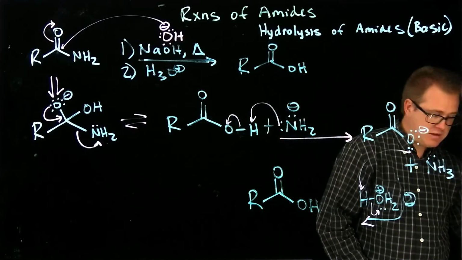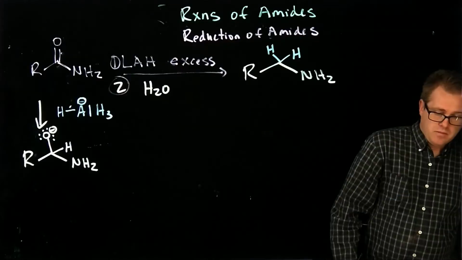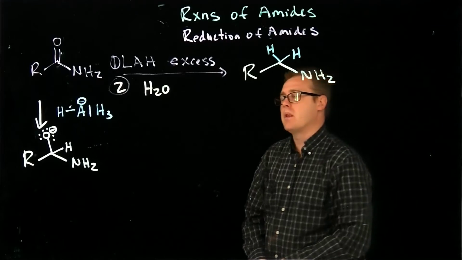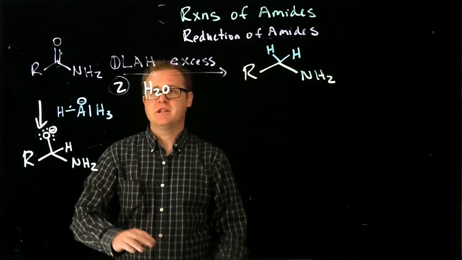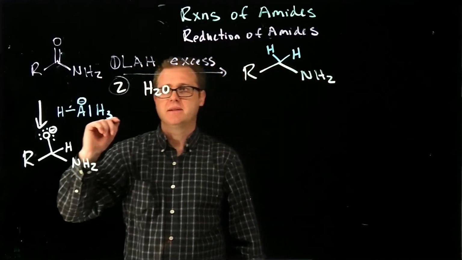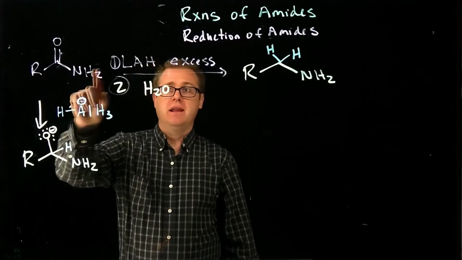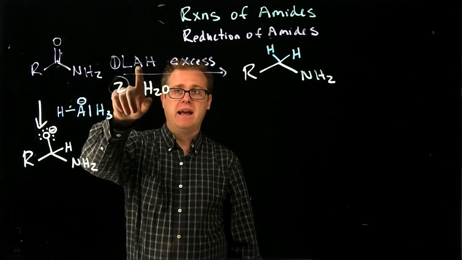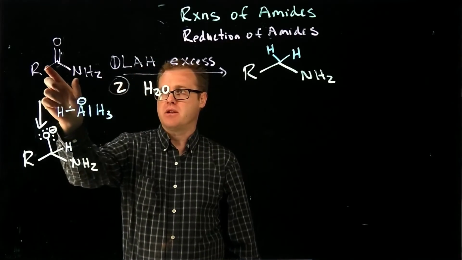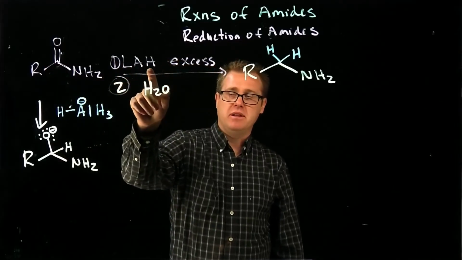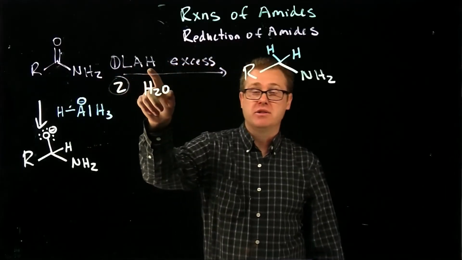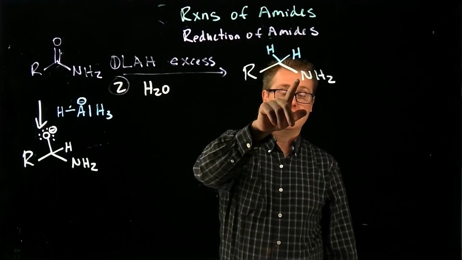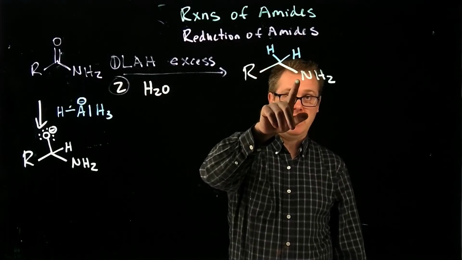Very, very similar. So let's take a look at that next. Okay, the next reaction is the reduction of amides with lithium aluminum hydride, and we have that in excess. So here's our amide. First step, lithium aluminum hydride. You see that will reduce us to a primary amine.